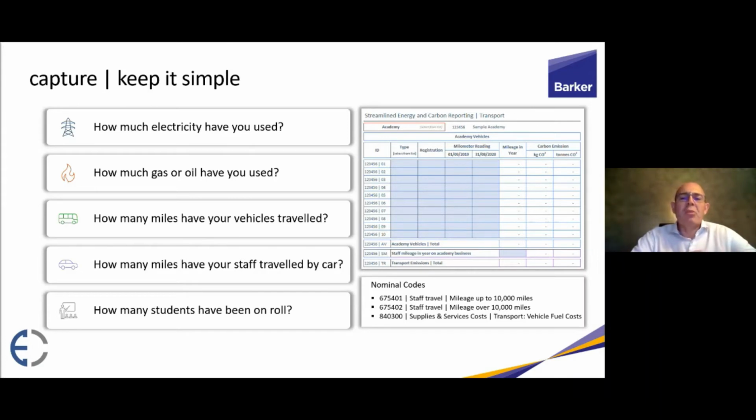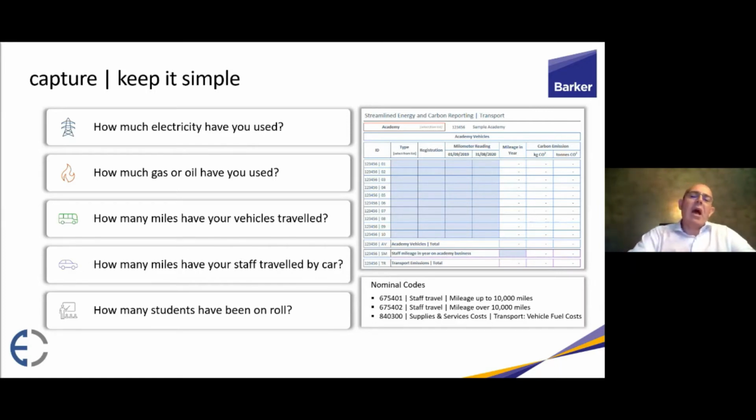So putting in some nominal codes in line with the Academy Chart of Accounts may help you track that, rather than having to do a paper-based exercise at the end of the year going through everybody's expenses claim. So just try and think of ways of simplifying it. Now, obviously coding that into things like PSF or Hogue may take a little bit of setting up, but this isn't just a one-off.